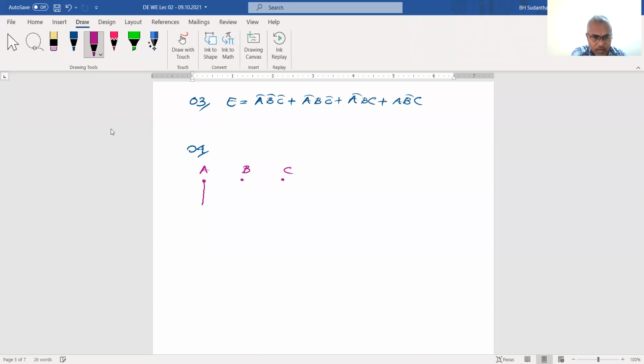First, I make this A bar, this B bar and C bar. Shall we make the first term this one?